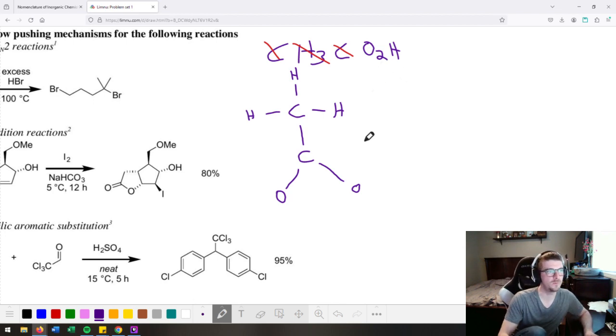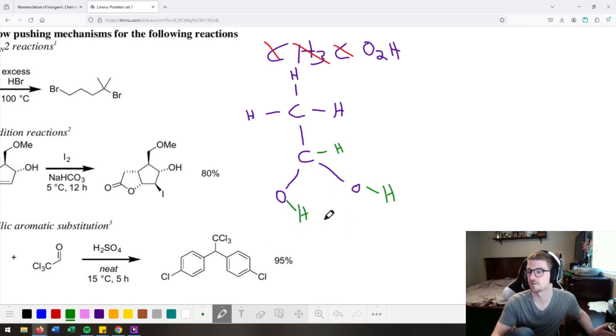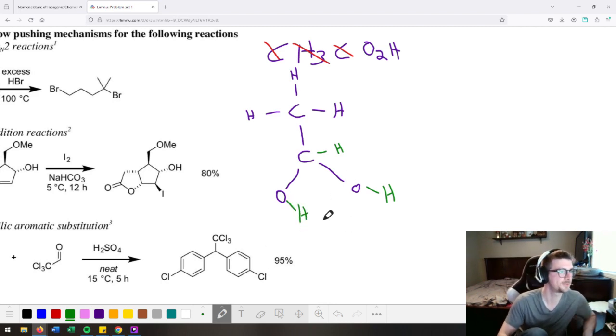So now this is kind of okay so far. We're not done yet because we have to attach a hydrogen here. Now we have 3 potential candidates where this hydrogen could go. It could go on the carbon. It could go on one of the oxygens, or on the other oxygen, which is technically the same choice, but don't worry about it too much.